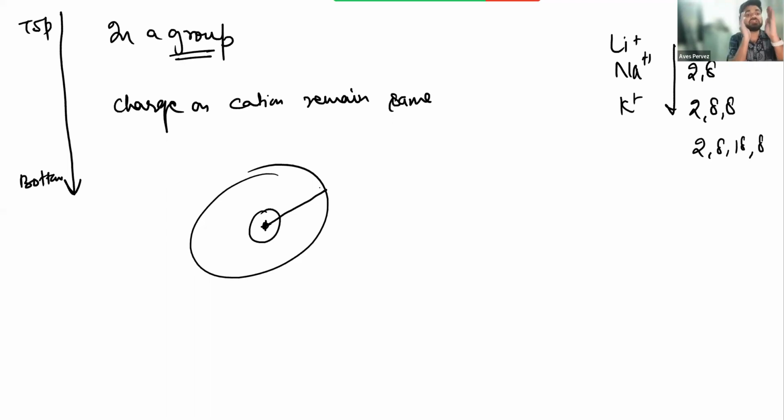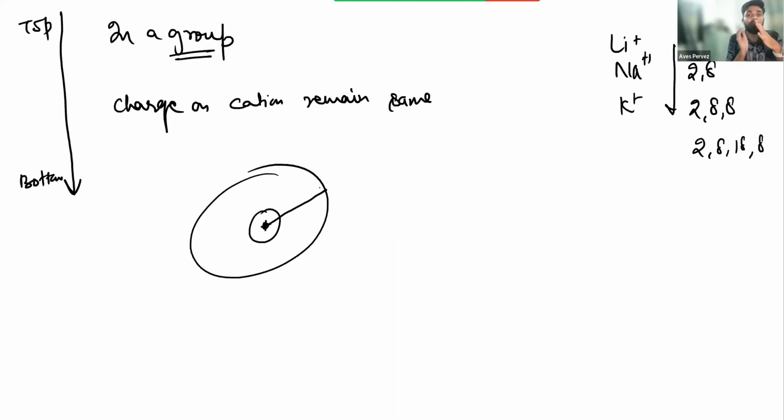It has a distortion power to attract the bonded pair of electrons and distort the electron cloud. If it has the capability to distort, then it is called a covalent compound, because it is creating poles, and poles means polarization.